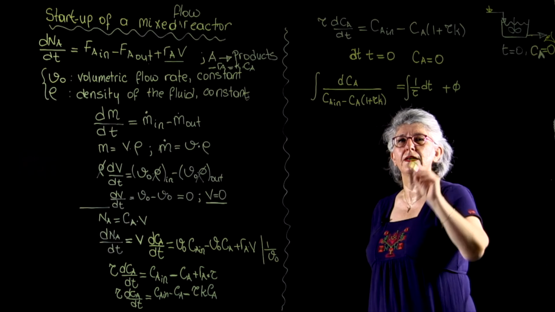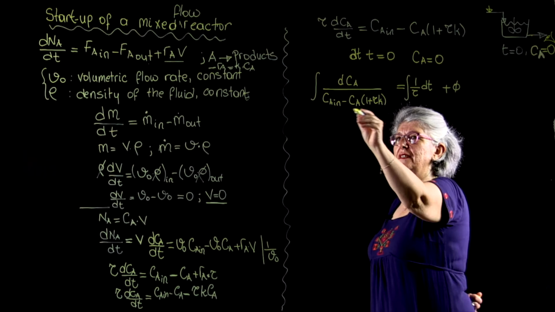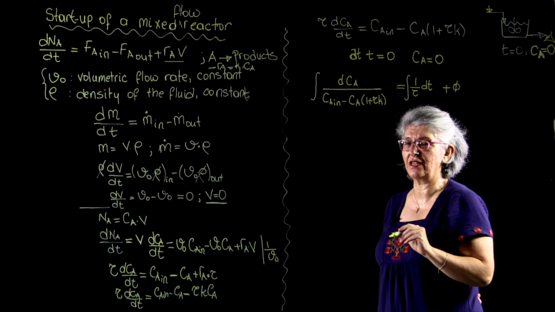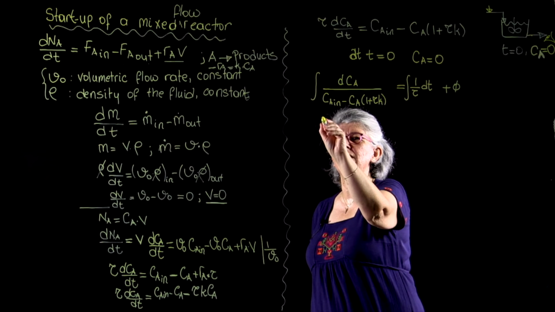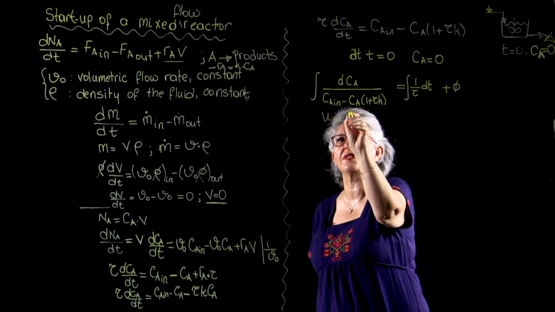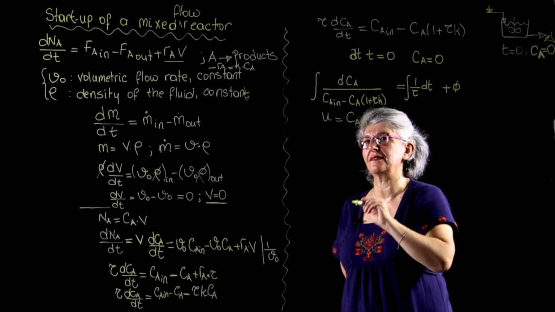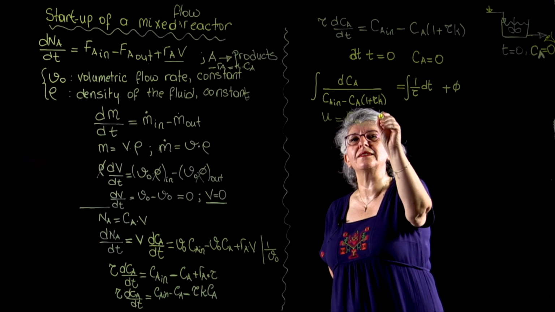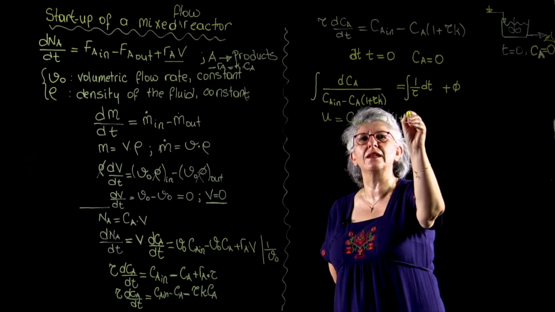All right? This integral is fairly straightforward. Here I will need to make a change of variable. I will define a new variable, u, which is equal to Ca in, and remember, Ca in is a constant, minus Ca times 1 plus tau k.